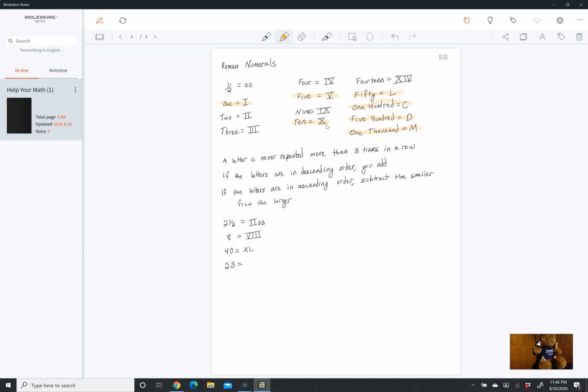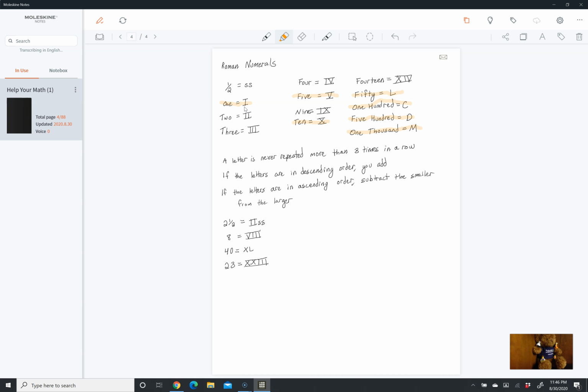So that's okay. So we're going to have an X followed by an X. Then we look at the 3. Well, 3 is 3 1s, and that's okay because we only have 3 letters. So it's XXIII. And I like to put lines. Again, you'll see Roman numerals written in different ways. This is how I write them.